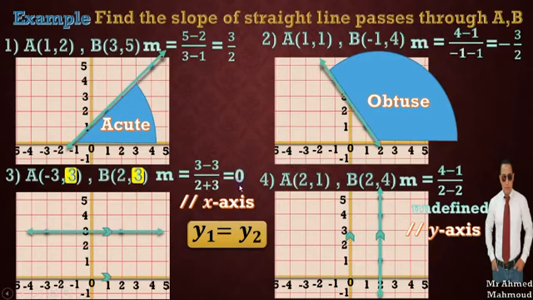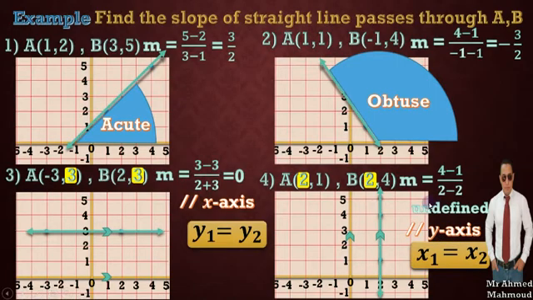That means the slope equals 0 and the line is parallel to the x-axis. And in the other case, x1 equals 2 and x2 equals 2, so x1 equals x2. That means the straight line is parallel to the y-axis and its slope is undefined.